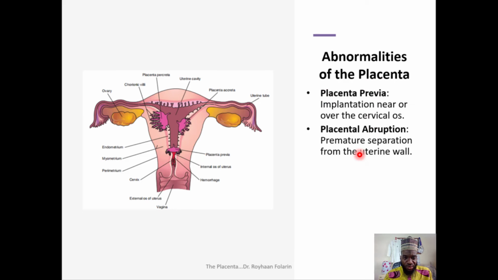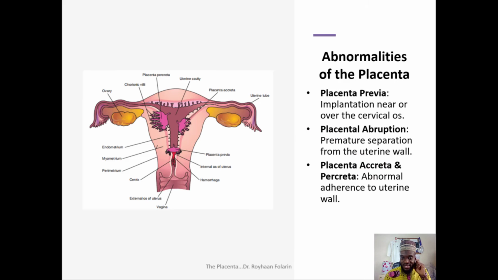And then there could also be placental abruption, where you have a premature separation of the placenta from the uterine wall. You could also have what is referred to as placenta accreta, and then placenta percreta. Both of them have to do with abnormal adherence to the uterine wall.